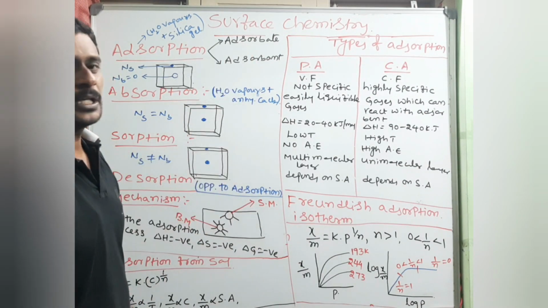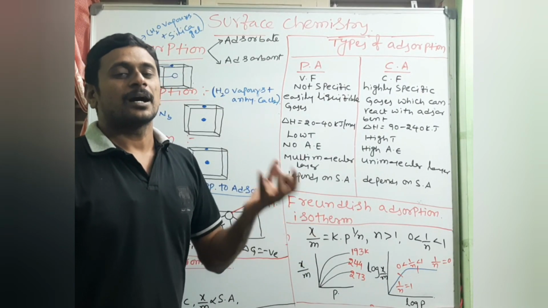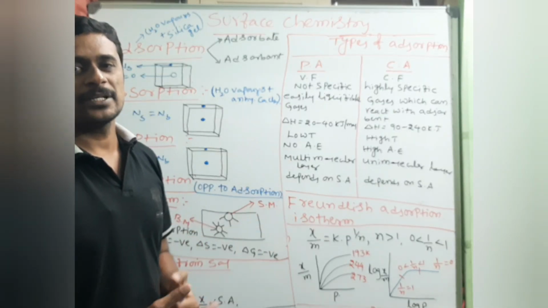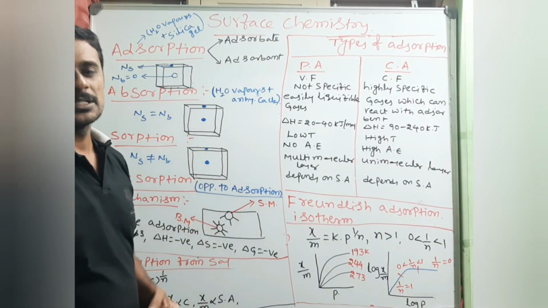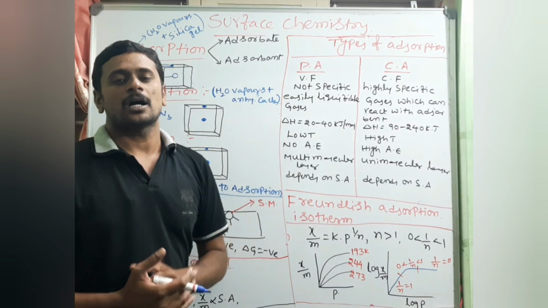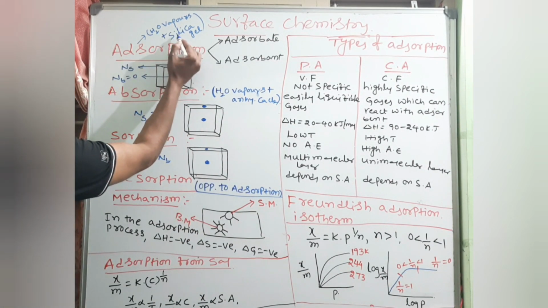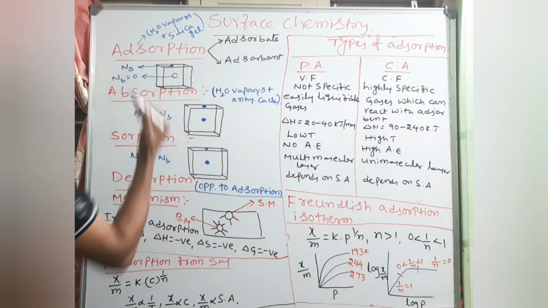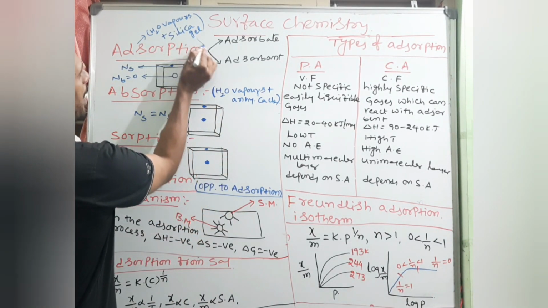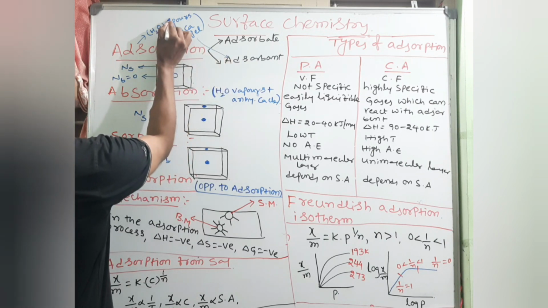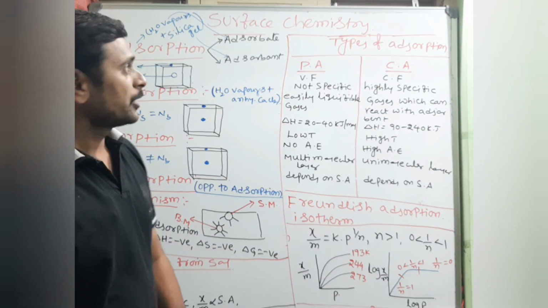Adsorbate means the molecules which are adsorbed over the surface of another material, and adsorbent means the surface on which adsorption takes place. For example, take water vapors and silica gel. Silica gel acts as adsorbent and water vapors behave as adsorbate.